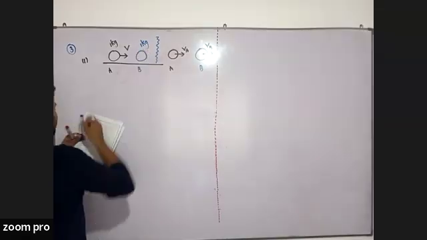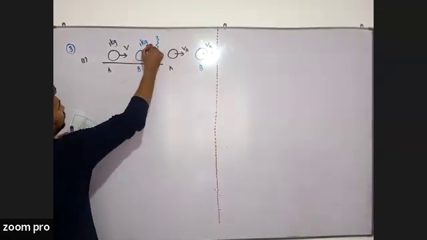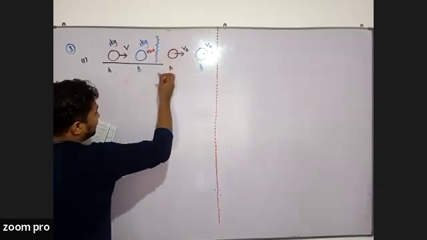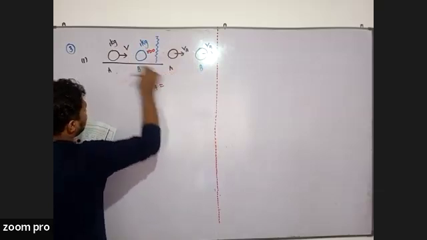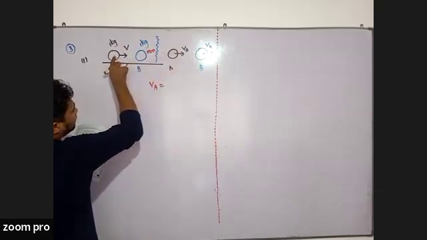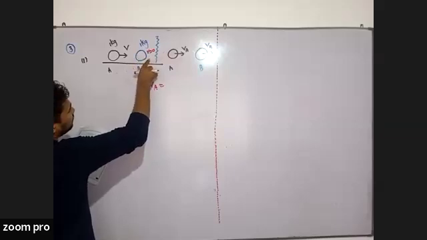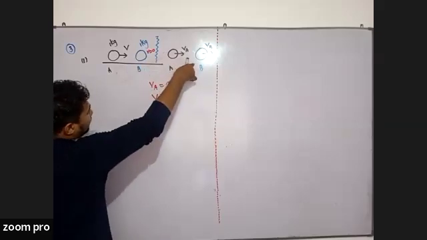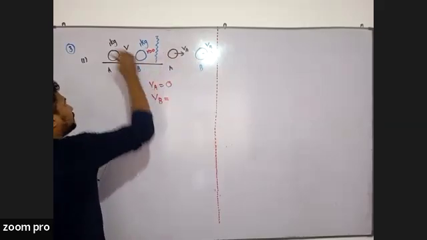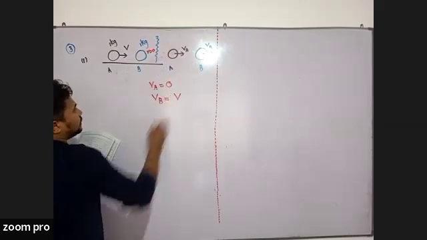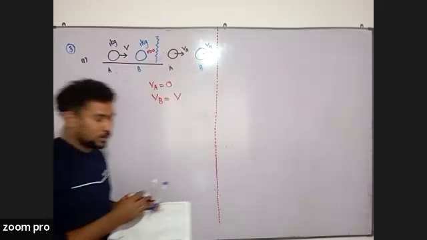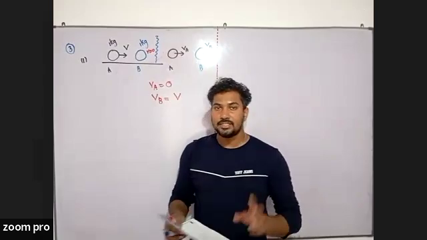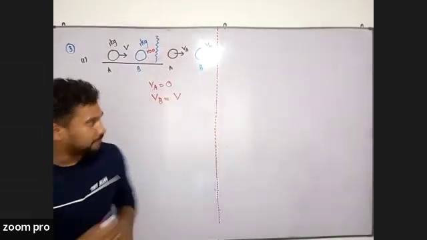This object is at rest, and A is moving at velocity v. So after the collision, A takes the initial velocity of B, so VA equals 0, and B takes the initial velocity of A. You don't need to go for simplification, but you should have an idea of this theoretical point.